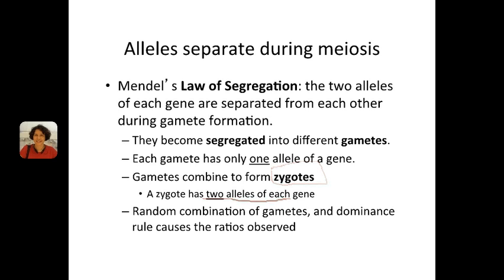And then the ratios that we see, that 3 to 1 that Mendel observed and documented, is due to both the random combination of the gametes during fertilization and the interaction between the 2 different alleles, and the application of the dominance rule is going to give you the ratios that he observed and that holds across all of these crosses.